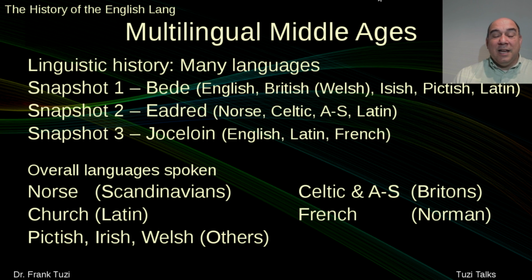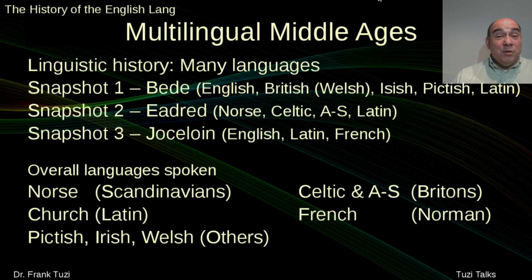First we'll look at Venerable Bede and the writings that he was doing, and it was during his writing that you see he uses a variety of languages. He is obviously using Old English, more Middle English at the time. He's also using British, which would be the lower level of the country. It's more Celtic, depending on your background.